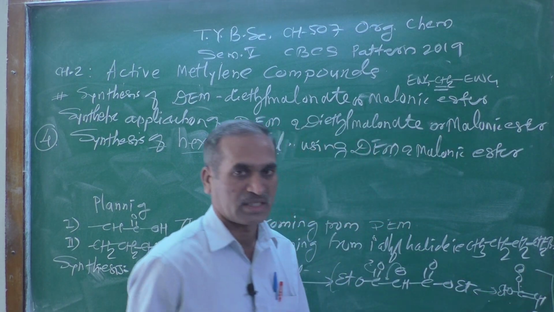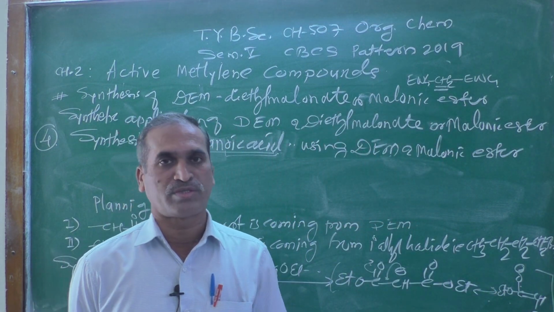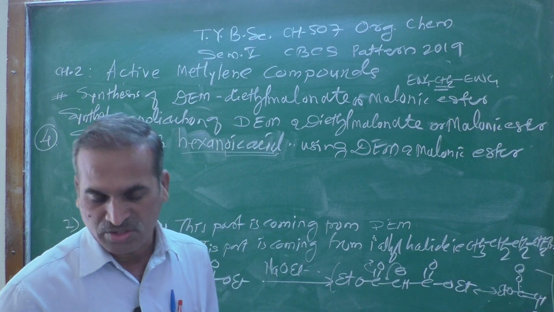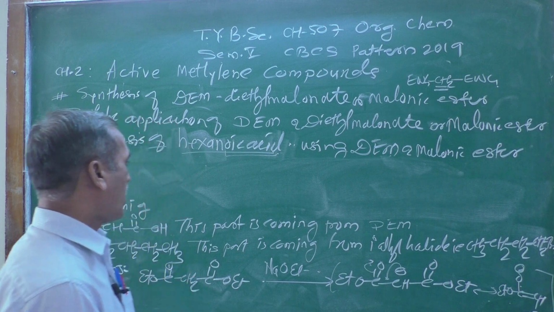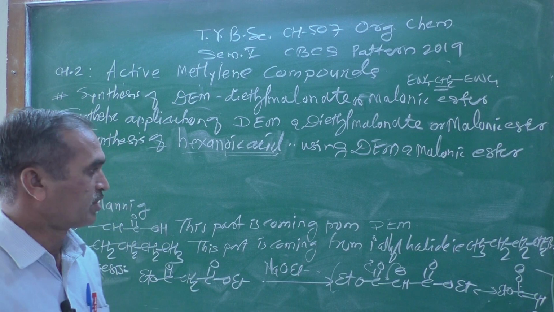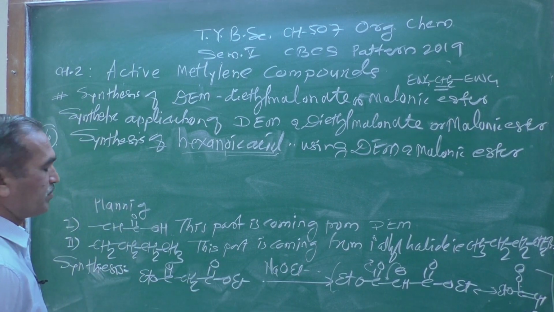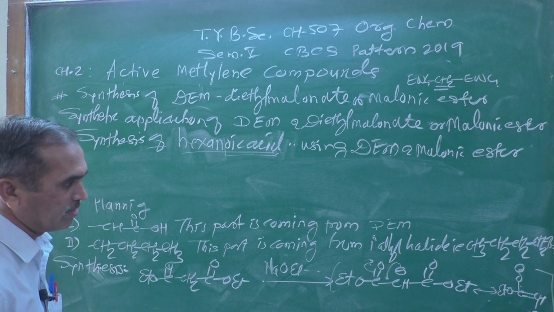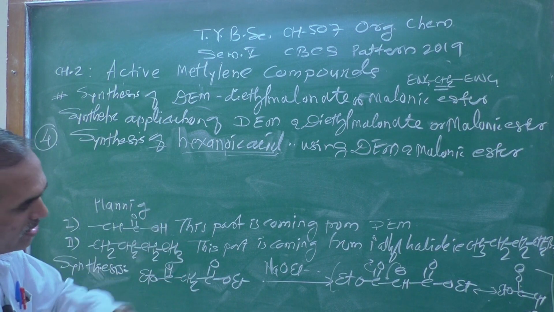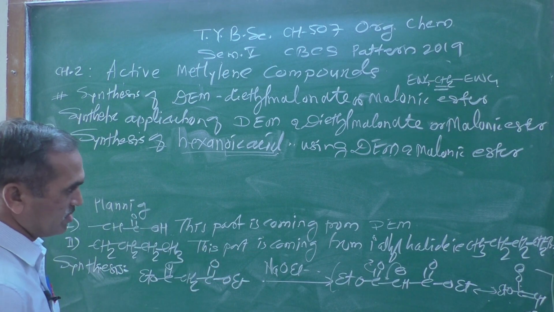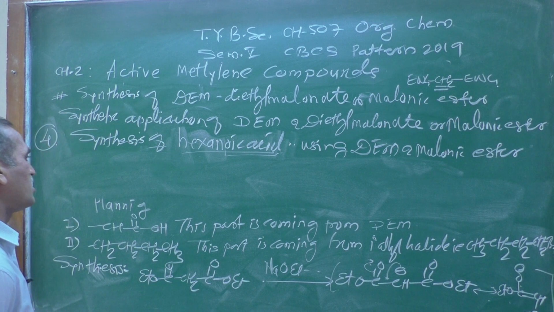In a given case the negative charge is present on the oxygen atom as well as on a carbon atom, and such reagents are known as ambident reagents, as the negative charge can be present on two different atoms. In one case it is present on the carbon atom, in another case on the oxygen atom, and therefore this type of reagent is called an ambident reagent.